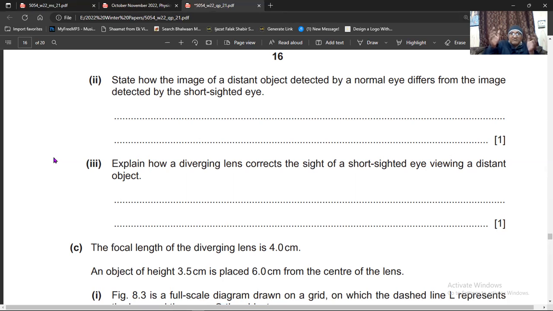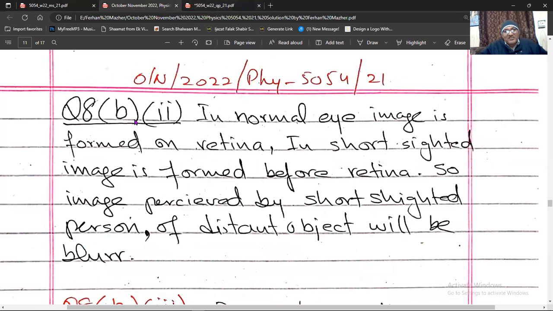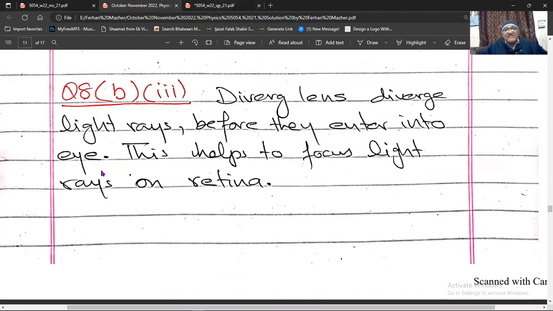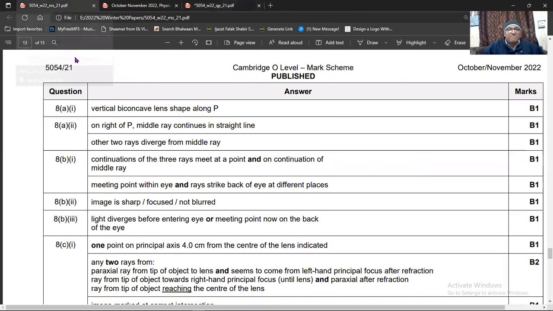So when the lens of the eye focuses them, it will focus them on the retina at the back of the eye. So you will be able to see a sharp image. So the diverging lens diverges light rays before they enter the eye. This helps to focus light rays on the retina, or you can say the back of the eye.